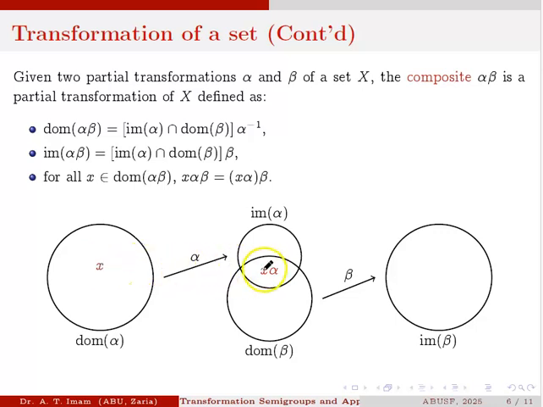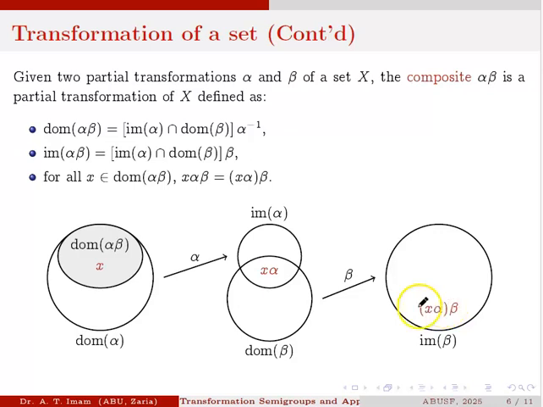It is sent to x alpha by alpha, but being in the domain of beta it will also be mapped to some element in here. Now you look at this particular intersection and at all the pre-images of that intersection, and alpha will send members of this portion of its domain to this intersection, and this intersection will be taken by beta to a portion inside the image of beta.